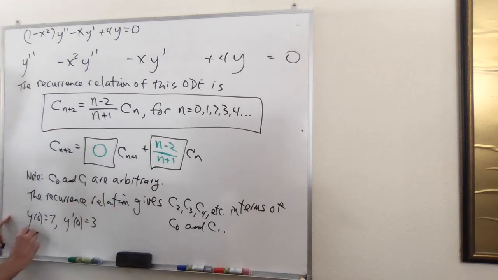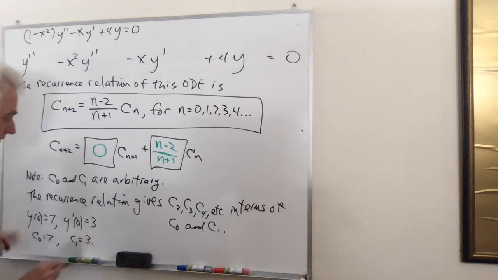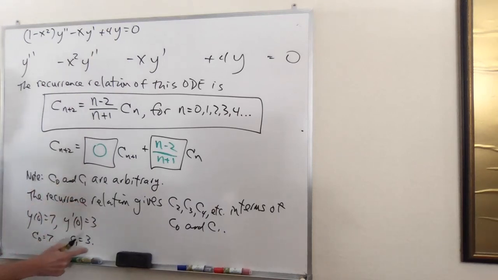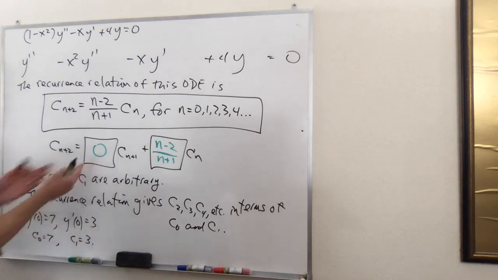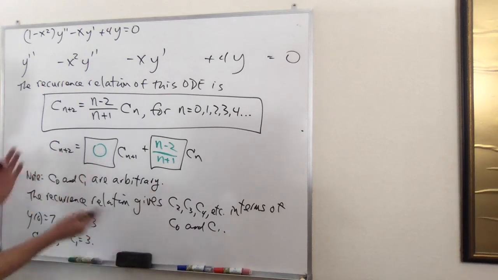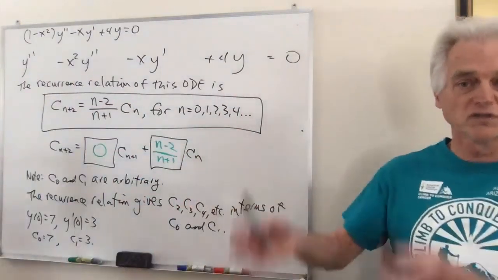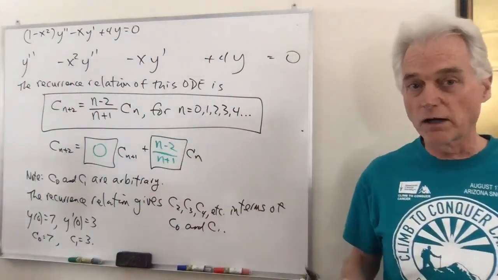What would I do? This means that C0 is 7 and C1 is 3, right? Remember, those first two coefficients in the Taylor series tell you the value of the function and the derivative. So I might start with C0 is 7 and C1 is 3, and then the recurrence relation tells me what C2, C3, C4, C5, etc. all are.